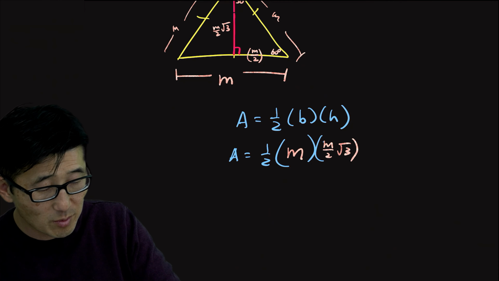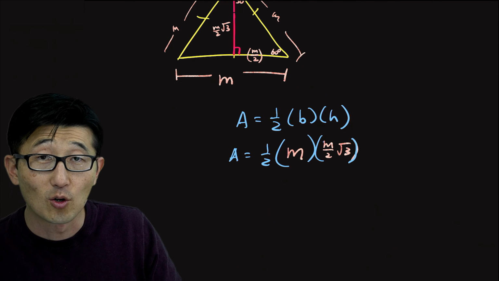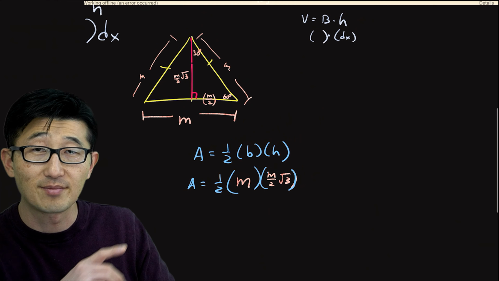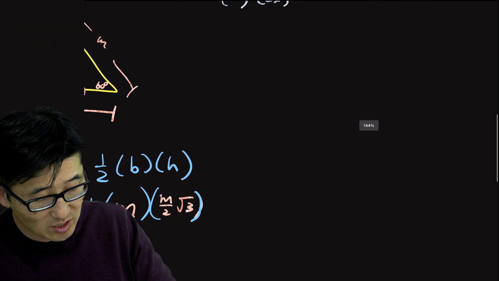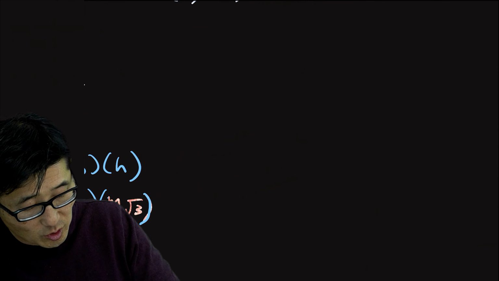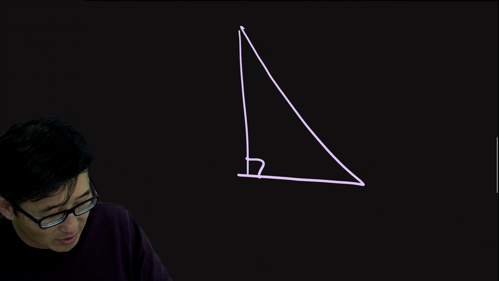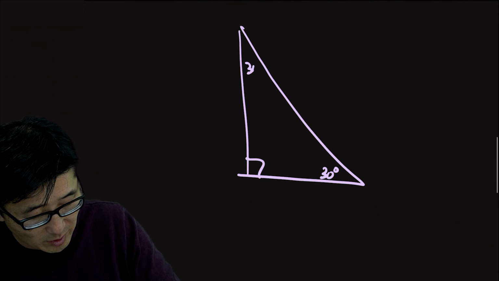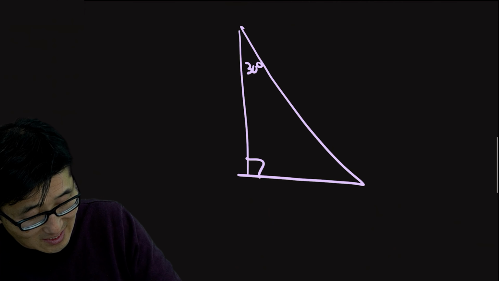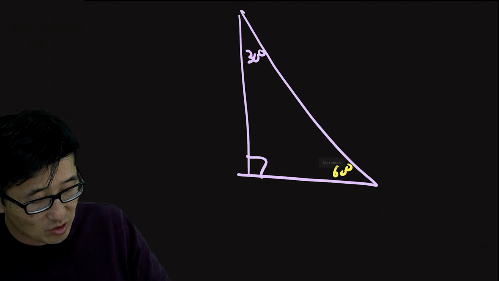Now, before you hit rewind and go back and try to figure everything out, let me just explain this on the side. In algebra 2, you should remember this. When you have a special 90-degree triangle, this will be my 30, 60, and 90 triangle.